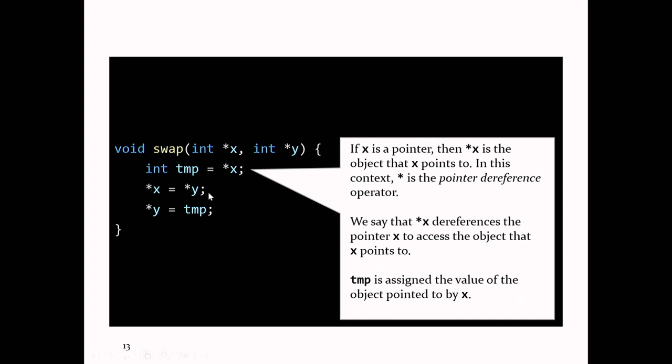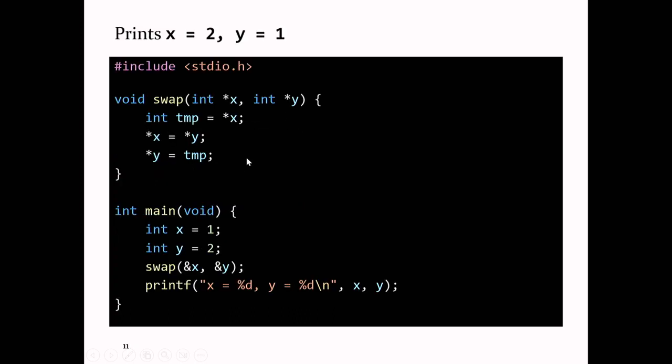So star x equals star y takes whatever is stored in the object pointed at by y and stores that in the object pointed at by x. So when this line takes the value 2, it's going to store that in x here. So it's going to write a 2 here.